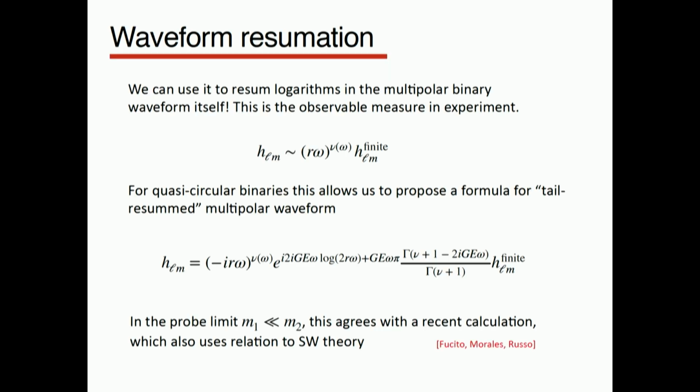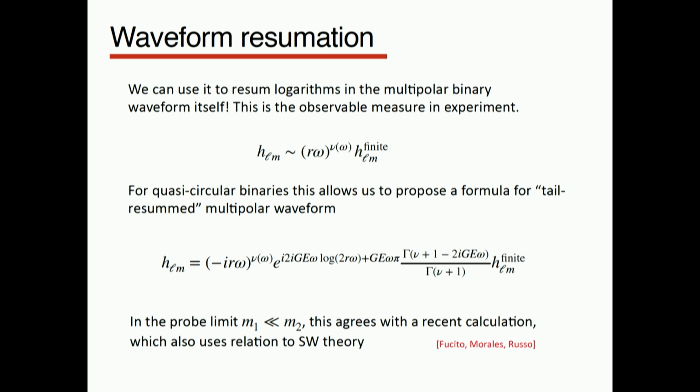And to end, I will explain an application, an actual prediction. I told you that one use of this EFT is to describe the radiation from a binary system, which is what we measure at LVK. In particular, we can use it to resum logarithms in the waveform, literally the observable that we observe in LIGO.